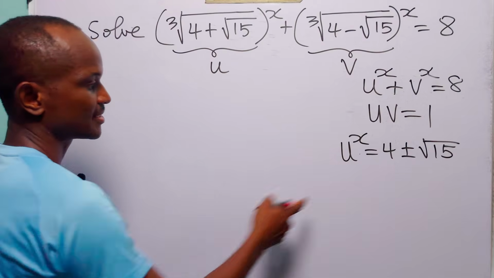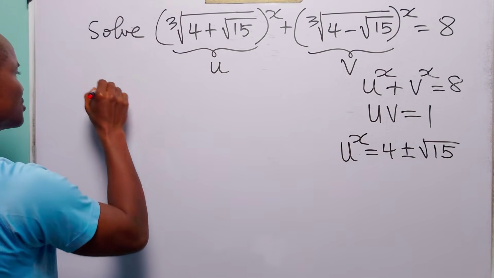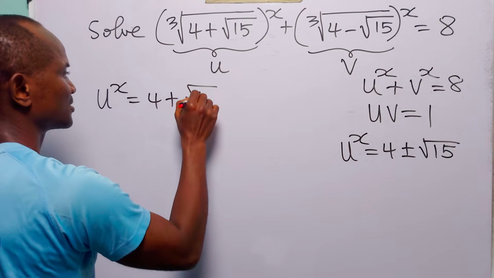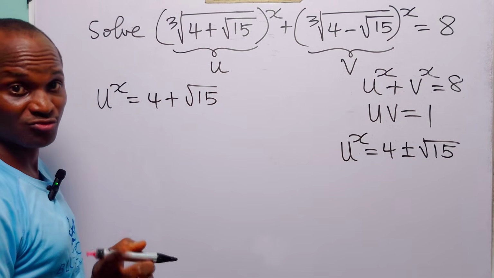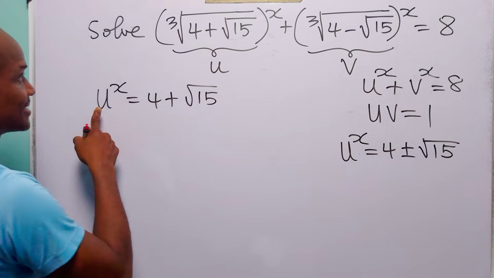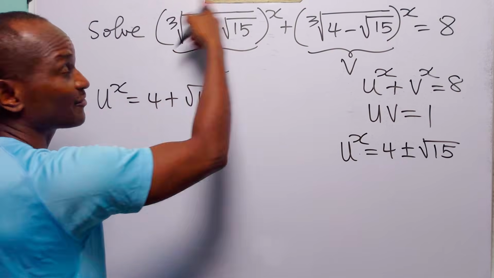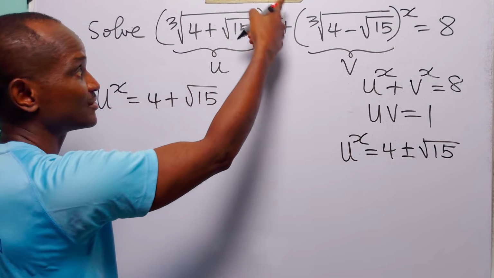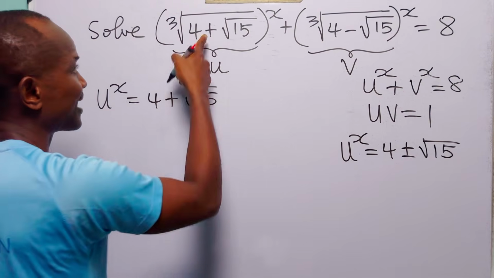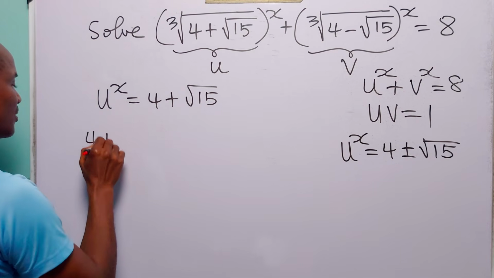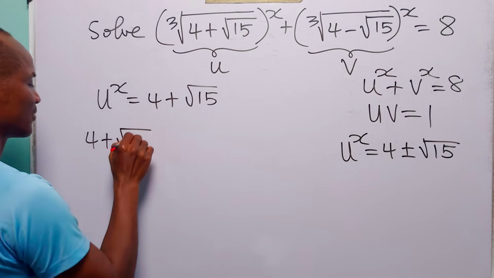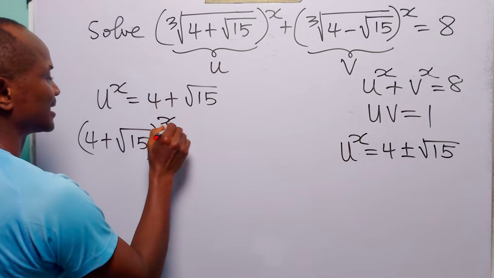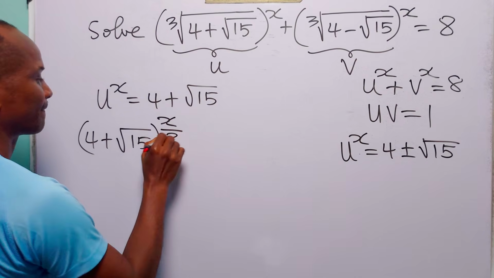Now, in the first case, we have that u to the power x is equal to 4 plus root 15. But let us remember that u to the power x is exactly what we have in this first term. That is the cube root of 4 plus root 15 to the power x, which we can write as 4 plus root 15 to the power x divided by 3.